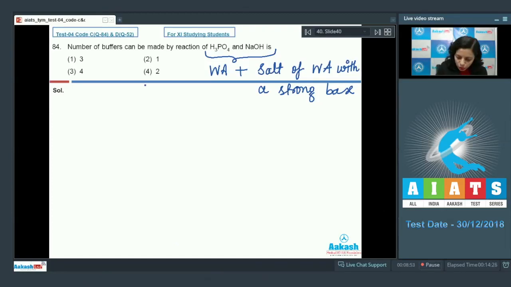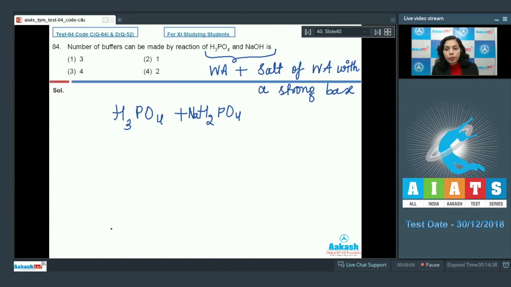So in this case, the first possibility would be H3PO4 and NaH2PO4. The second possibility: you have this NaH2PO4, because it has an acidic proton, that's why I'm treating it as an acid, and then Na2HPO4, the second type of buffer that can be formed here.